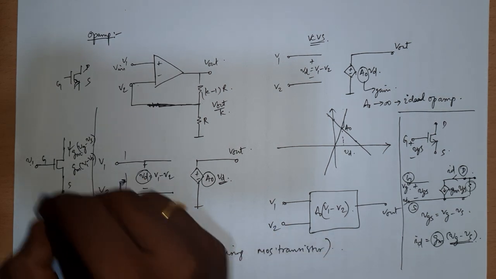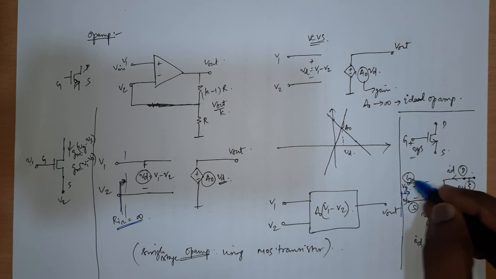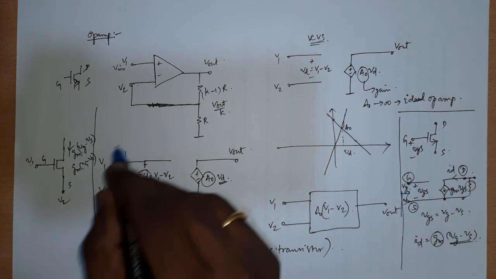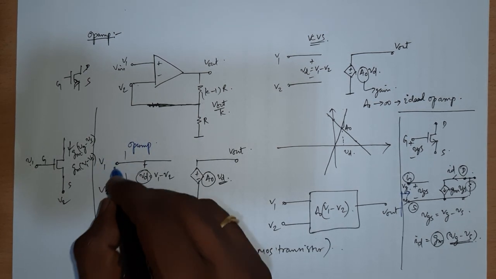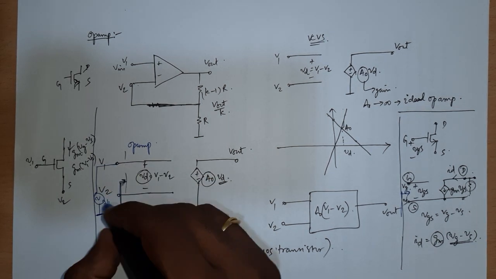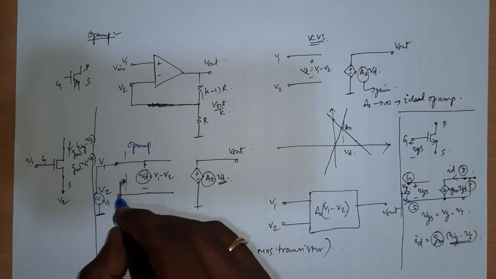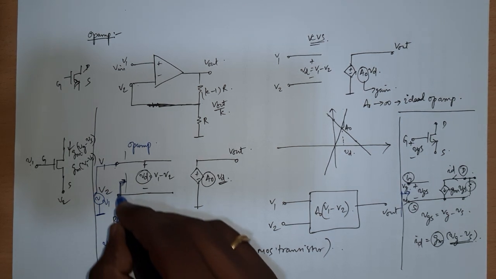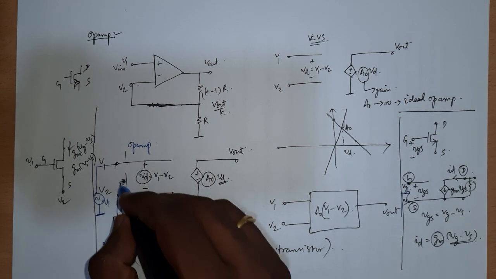Now, V1 is essentially a voltage source of value V1 connected between this point and ground. Looking in from this point and ground, the impedance is infinity. And V2 is again a voltage source connected between this point and ground, and looking in from the perspective of V2, again it is infinity.